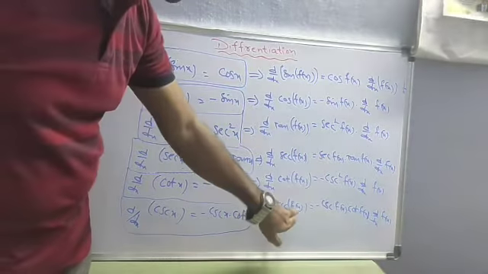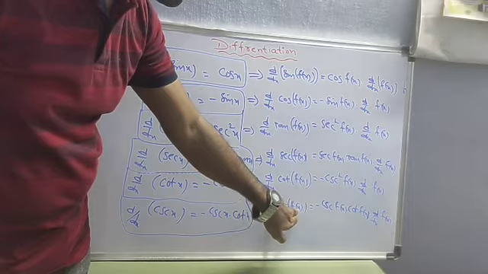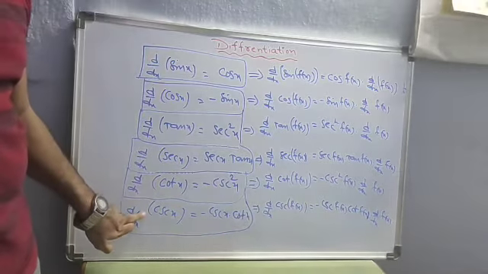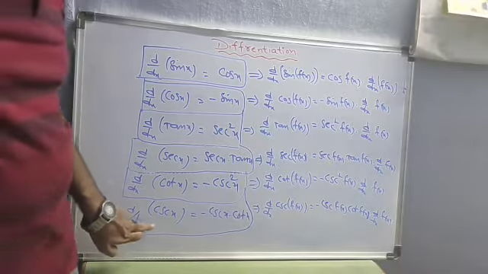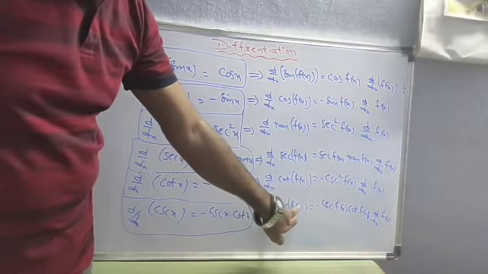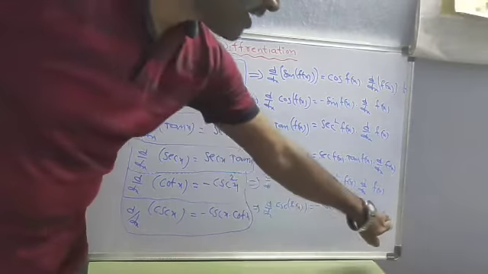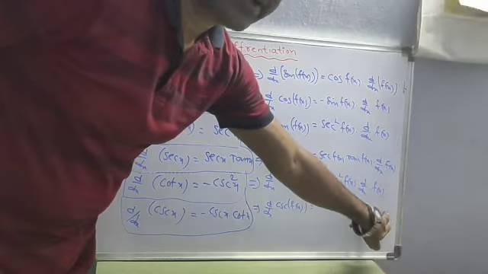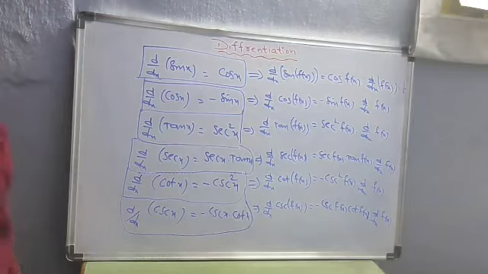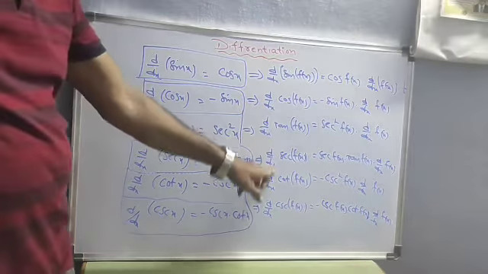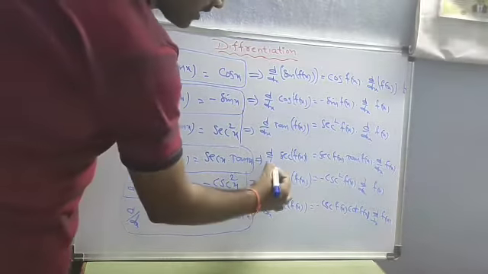In the place of f of x, if you have only x, we consider those formulas standard formulas. In the place of x, if we take f of x, compulsorily we have to multiply by d by dx of f of x. These formulas are called generalized formulas in trigonometric function derivatives.